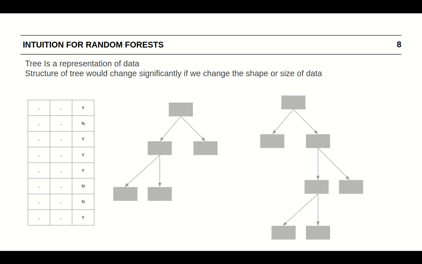Now it so happens that the way these trees are formed is very sensitive to changes in the data, because if we change this data slightly, then the same logic might not apply. If we change some part of this data, then perhaps there might be another chop which gives a better reduction in Gini impurity, changing the entire structure of the tree.